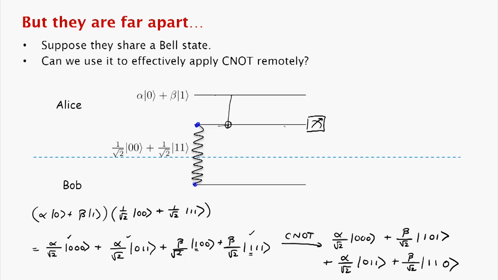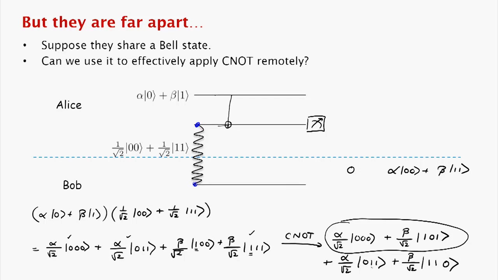Well, if she measures the middle qubit, either she gets as outcome 0, which happens in this case. And if she sees the outcome 0, what's the state of the first and the third qubit? Well, what she gets is alpha 00 plus beta 11. So if the outcome is 0, then the new state on the first and the third qubit is alpha 00 plus beta 11.